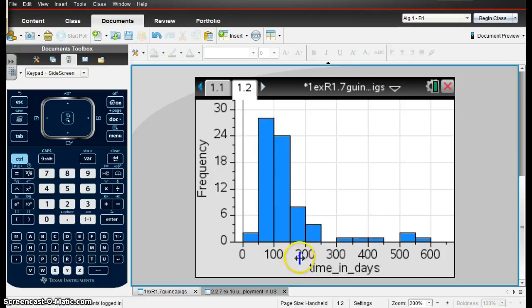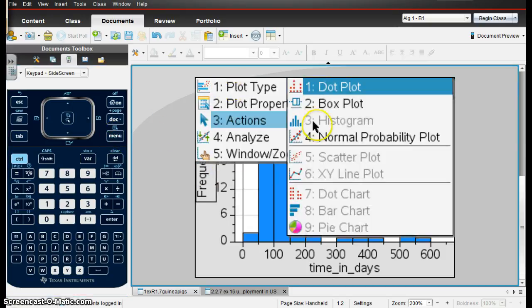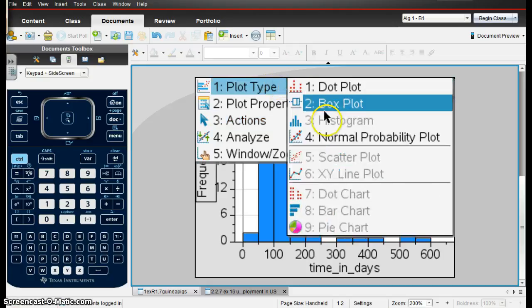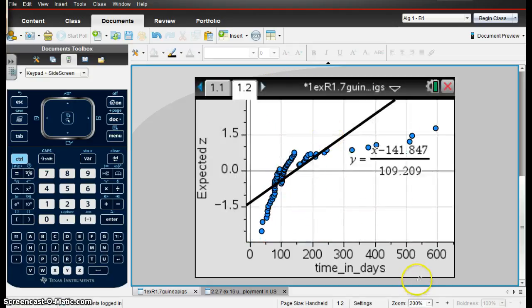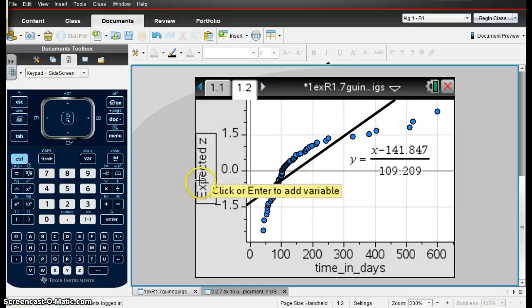And what do you think? Do you think that these data are going to be well modeled by a normal distribution curve? Well, what I'm seeing is some data out here that is causing this distribution to be skewed right. So let's go to plot type again and produce a normal probability plot. This is the line that we would expect from the mean and standard deviation side, and here are our expected values.